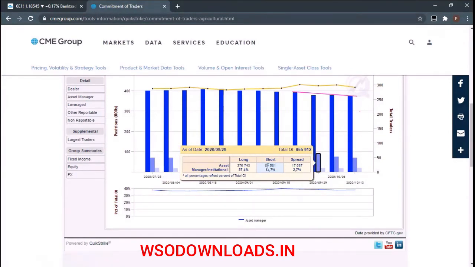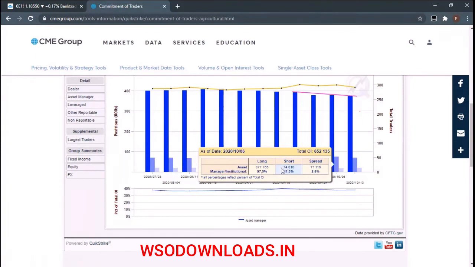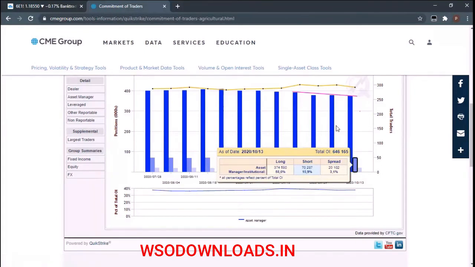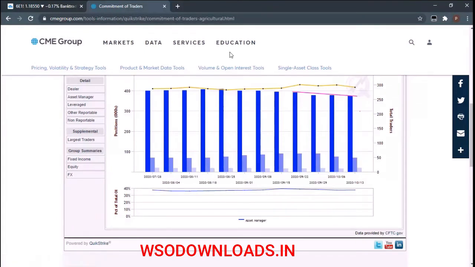Then we went to 89.5, not a big drop here. Then 74. So from 89 to 74 is a big drop now. And then 70. So the longs are being closed, as well as the shorts. They're closing the longs, they're closing the shorts.